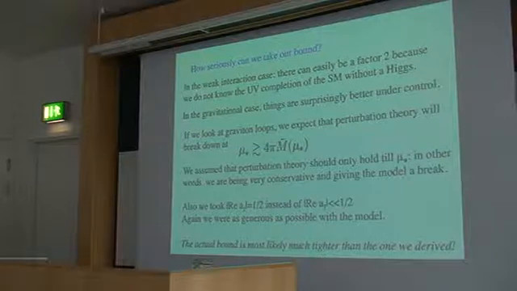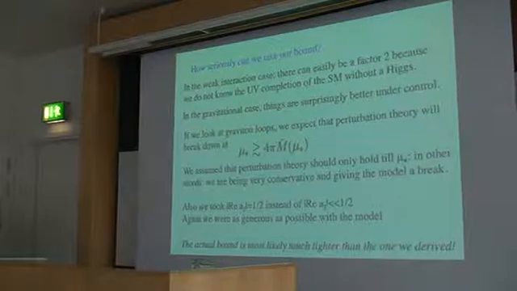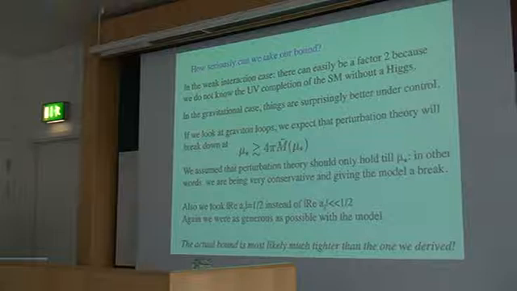On the other hand, for unitarity, the quantum mechanical part, we only used that the absolute value of the real part of a_J should be 1/2, instead of, for example, much smaller than 1/2, which is something you could justify. So again, we were extending the validity of the model as much as we could. The actual bound is probably much tighter than what I'm quoting here. If there's a factor of 2, we already gave it away in favor of the model.